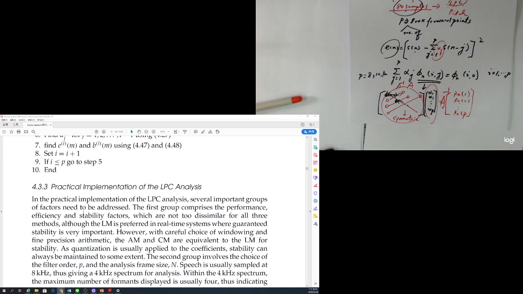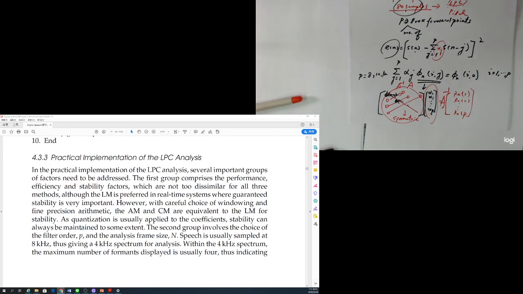We are not going through the equation. Most popularly used, because we try to simplify the computation complexity, most standards use the autocorrelation method, using a symmetric matrix to solve the equation, to find your short-term prediction coefficient. This one is your linear prediction coefficient.